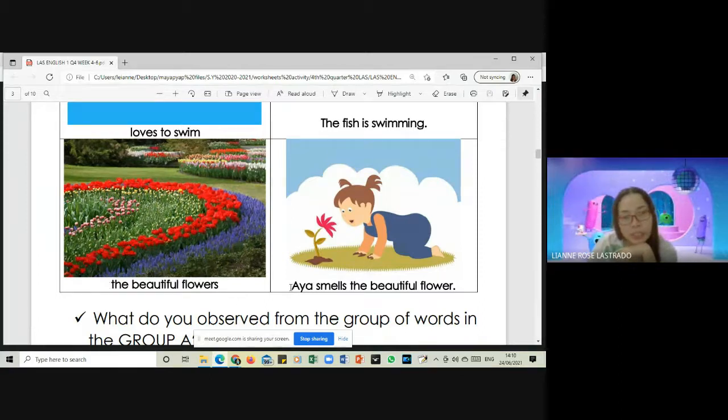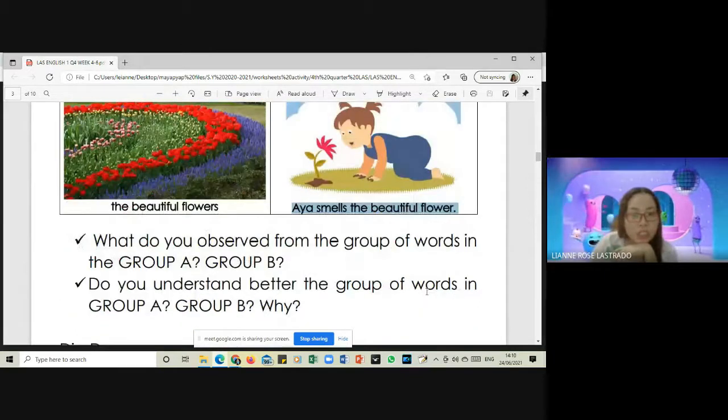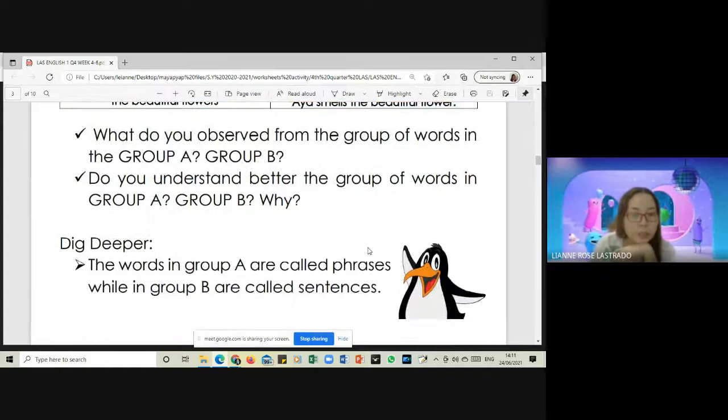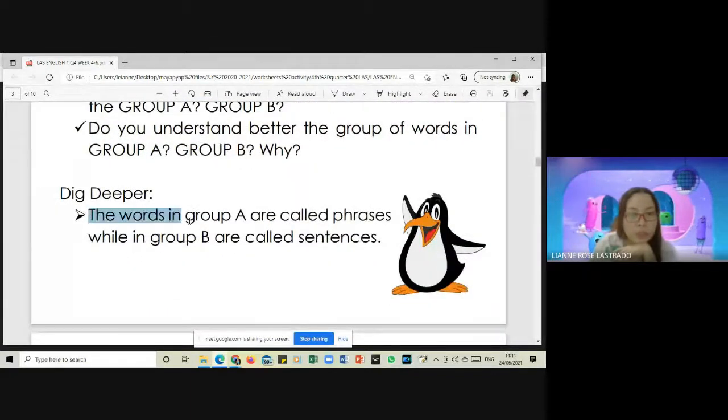But in group B, you can tell immediately that it's Aya who smells the beautiful flower. So it is much clearer or understandable. Okay. So Audrey, will you please read this one?